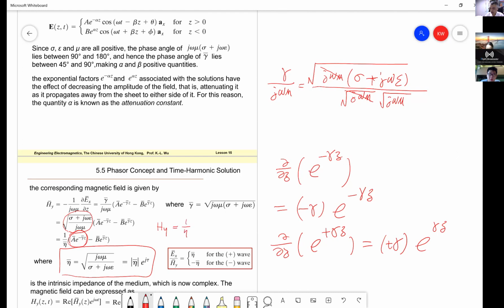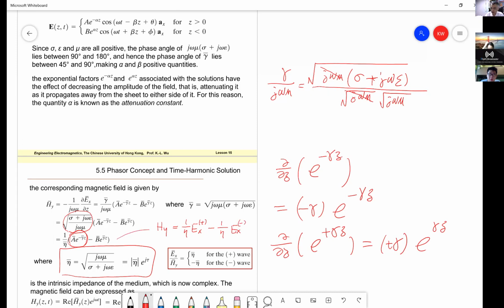One is with gamma, Ex propagating in the positive z direction, and the other is with minus gamma, also polarized in the X direction, but propagating in the minus z direction.